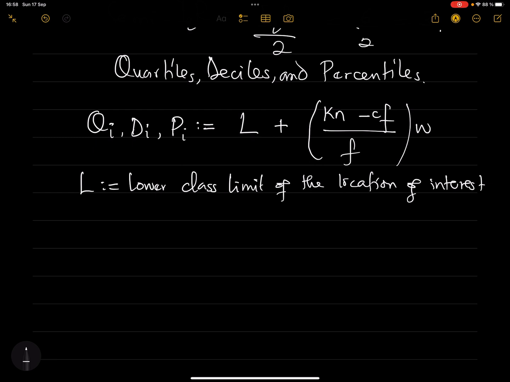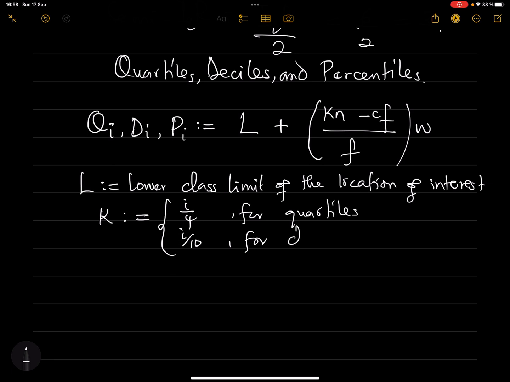What about k? You see this k, it can take 3 different values depending on what you are calculating. If we are dealing with quartile, k is i over 4. While for decile, it is i divided by 10.